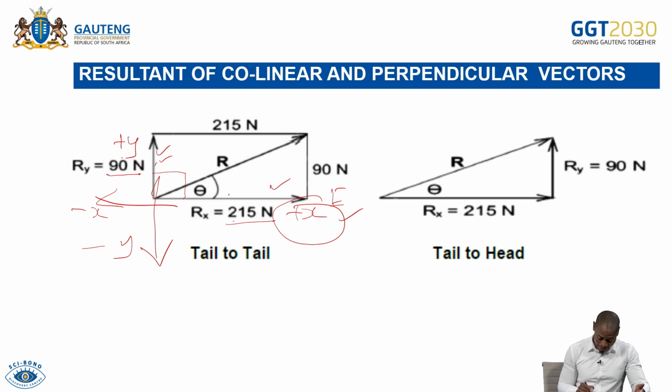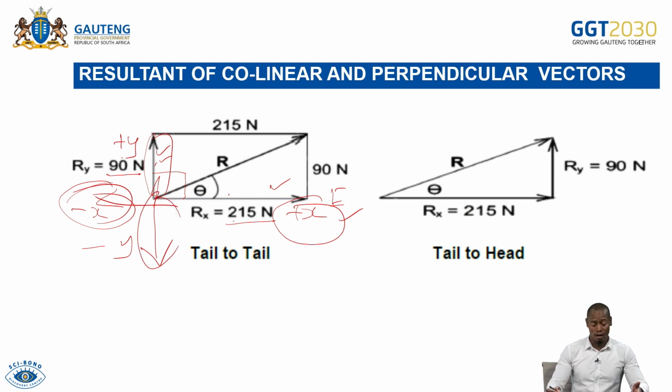Or I can take west as negative, because it's along the negative x-axis. I can take north as positive because it's along the positive y-axis. I can take south as negative because it's along the negative y-axis. So those are some of the things that you can do.